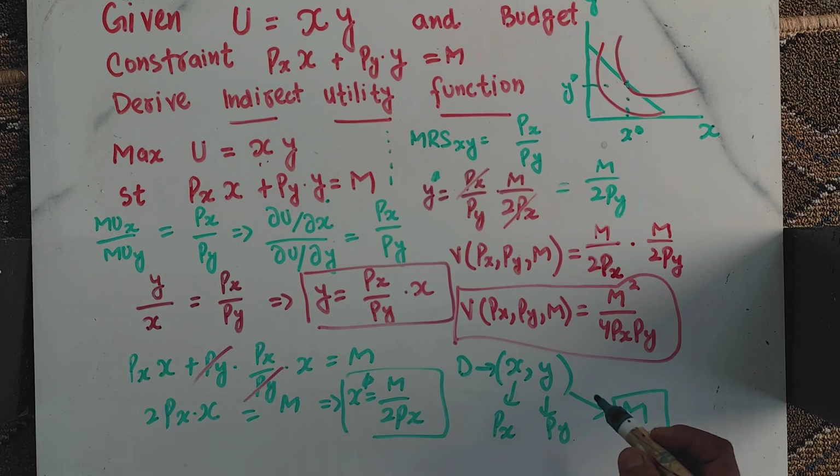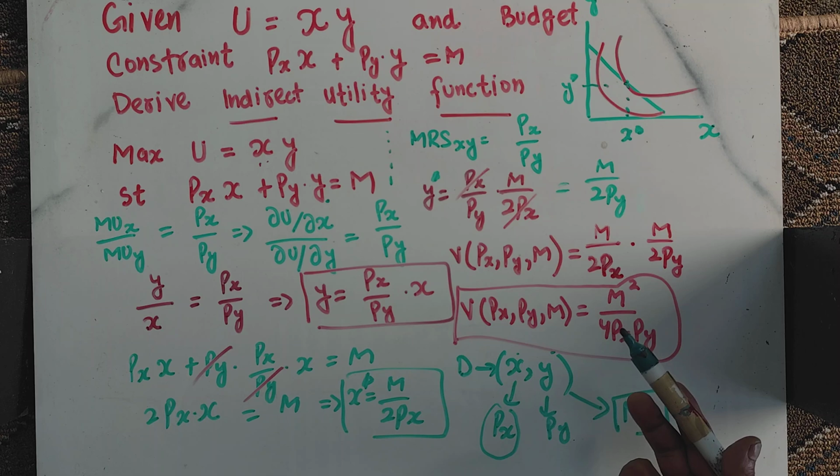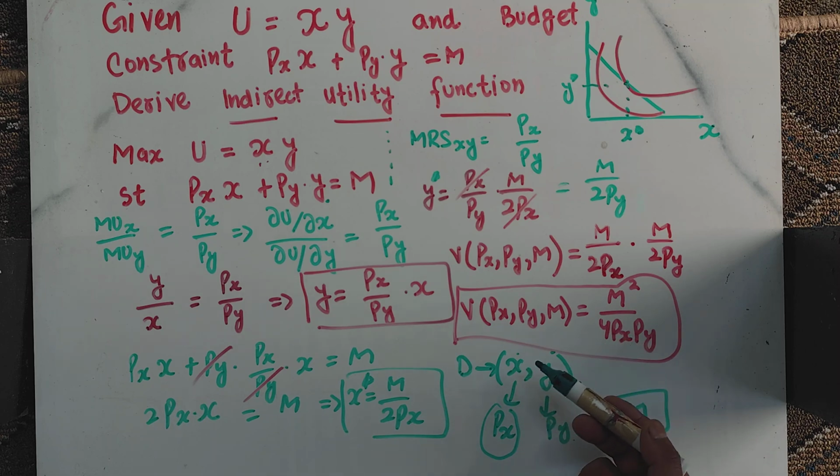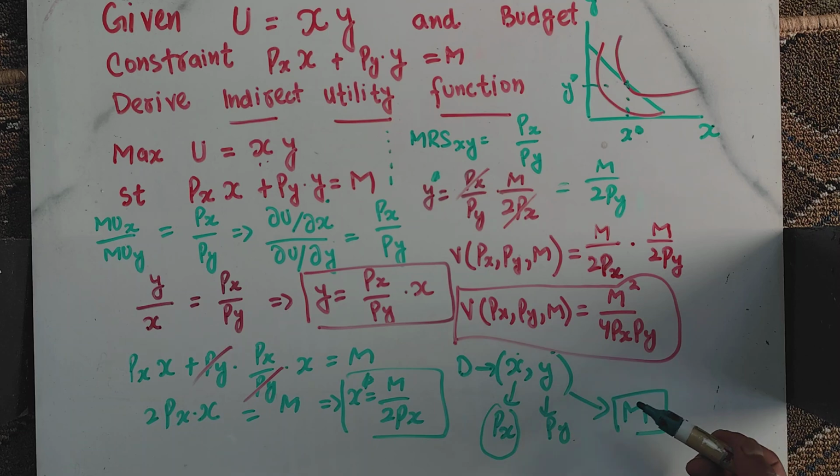So we say that utility indirectly depends upon the prices and income. Why? Because a change in the prices obviously changes the consumption of these goods. Utility depends upon how much we consume the two goods, but the consumption depends upon the prices of those goods and the income. So we say utility indirectly depends upon the prices and income.